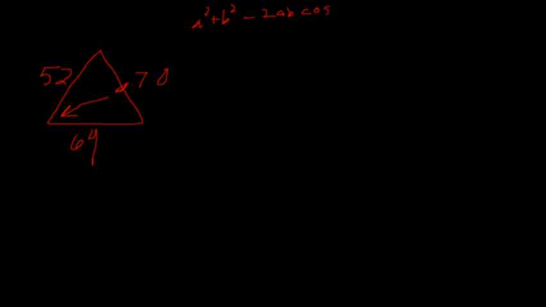But another way you can do this is a formula derived from this exact expression, which says that a squared plus b squared minus c squared, divided by 2ab, equals cosine theta.